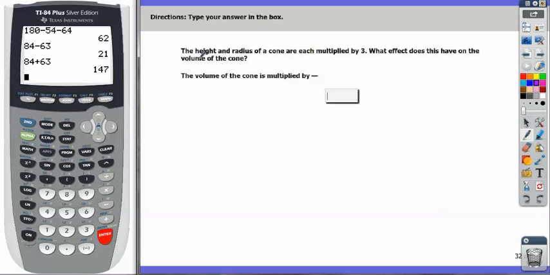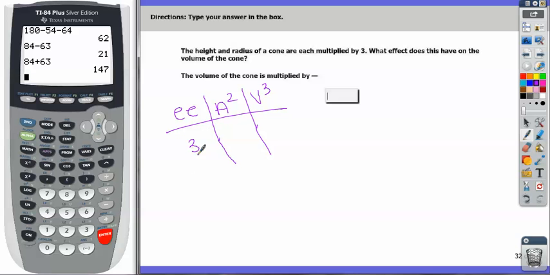The height and the radius of a cone are each multiplied by 3. What effect does this have on the volume of a cone? Well, I'm comparing height and radius to volume. When I compare across like random things like that, I always make my area and volume chart. I always make it 1/3 because I start out with something, but I'm multiplying by 3 here.